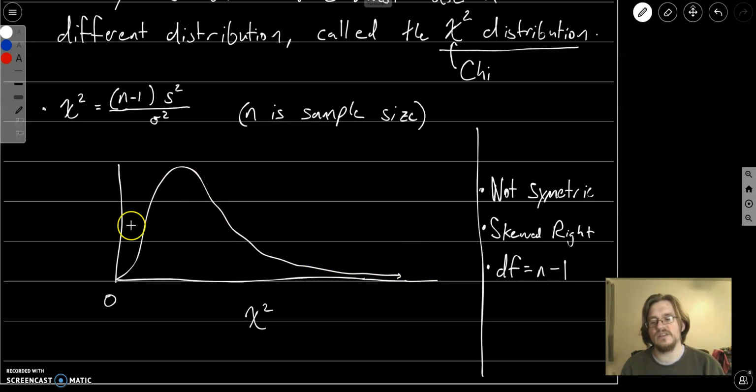So the distribution of standard deviations and variances is going to be entirely positive, and because of this, our distribution is going to be skewed to the right. So it's not symmetric because it bunches up at 0. We have a long tail that comes to the right.